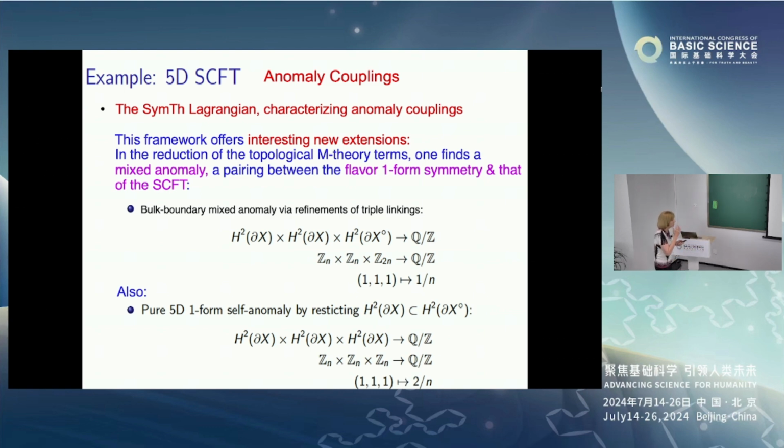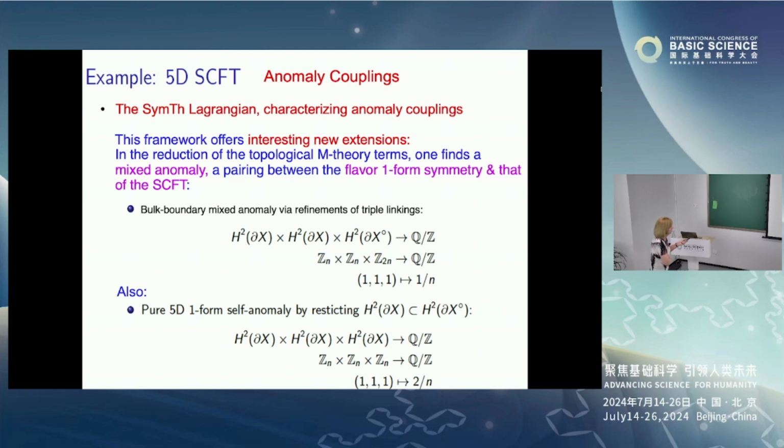Okay. I would probably like to highlight a few other things that we observed, and we are still grappling with technical details here. In particular, since we have the Lagrangian of the symmetry theory that we deduce from M theory compactification, we can now address the corresponding anomaly couplings that appear in the symmetry theories.